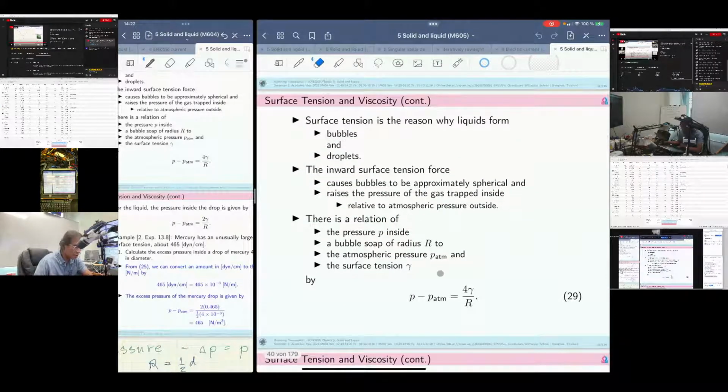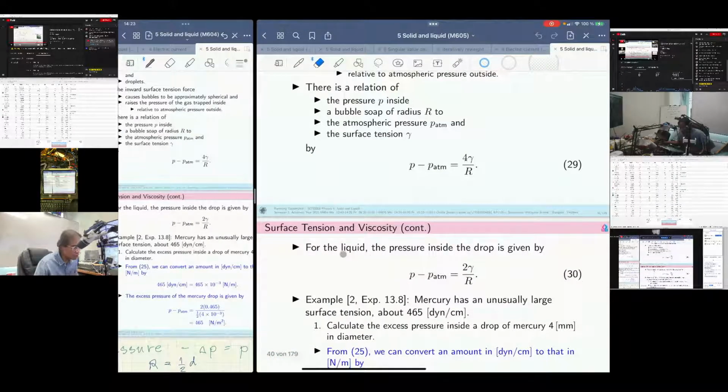Before that, we arrive at this formula, right? It's the pressure difference, P inside minus P outside, right? Outside means the pressure at the surrounding, and inside means the pressure inside that fluid, whether in the bubble form or in the liquid drop form, right?